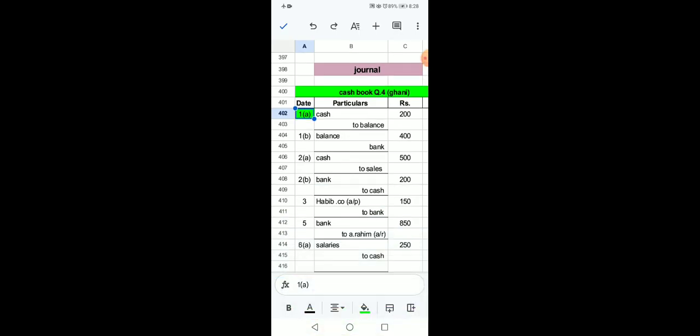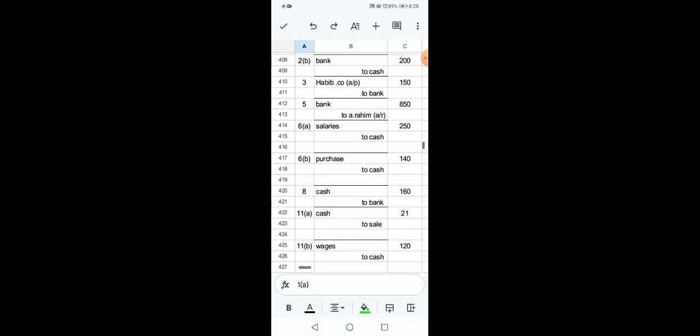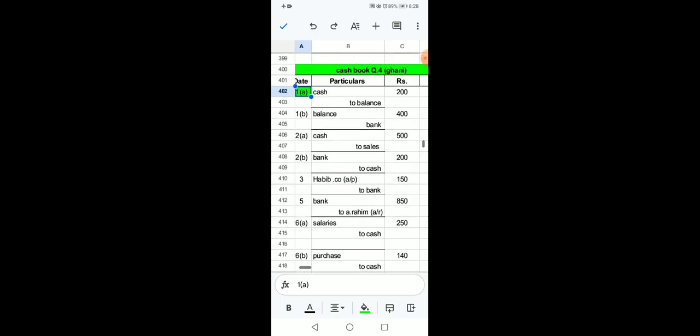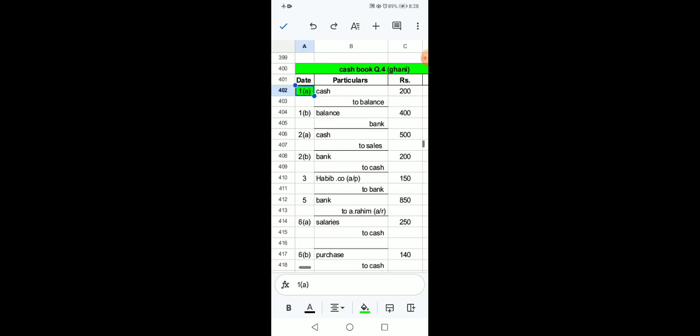Why are we marking it? Actually, when you have so many entries, there is a chance of doubling. There is a chance to post one entry more than one time. It may be called doubling of an entry. If you mark it, then the chances of posting an entry twice will be almost minimized. And secondly, there is a fear of skipping an entry.